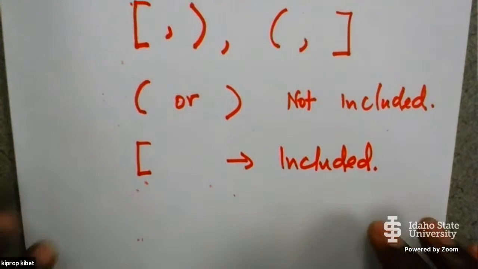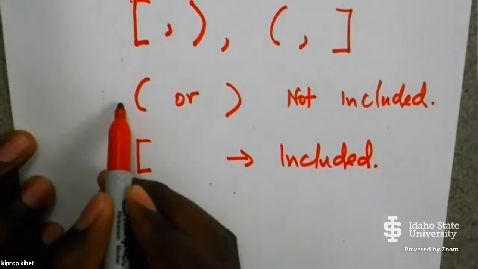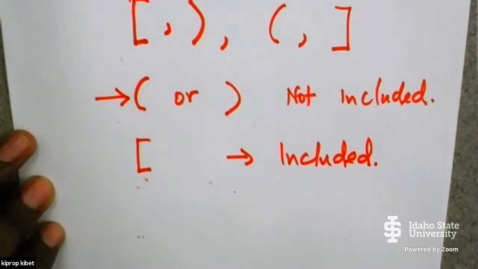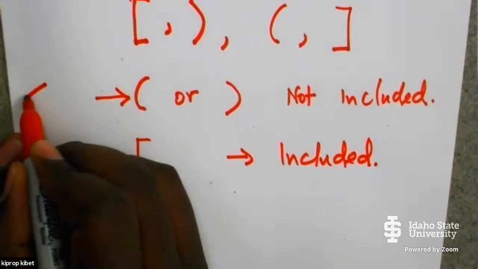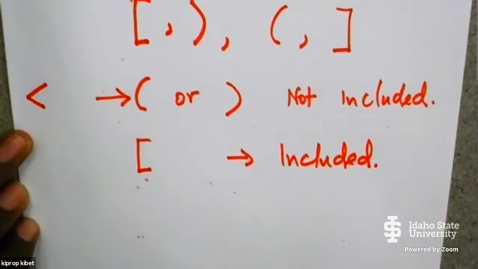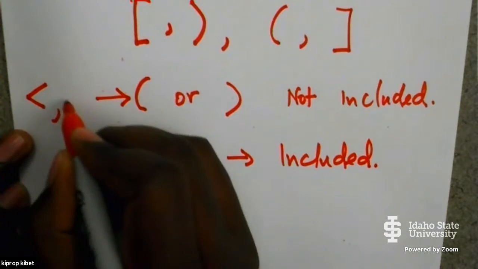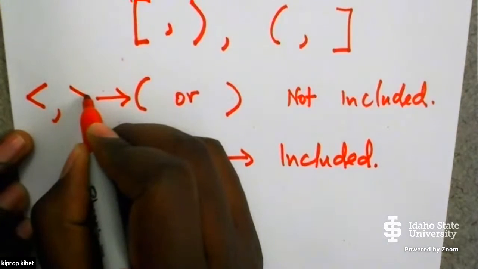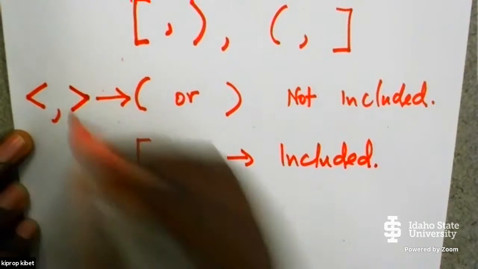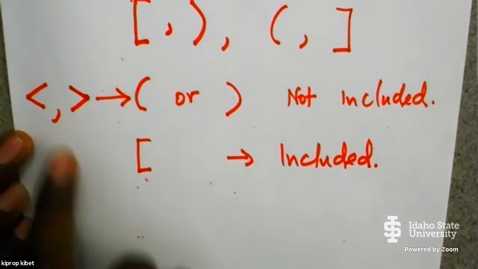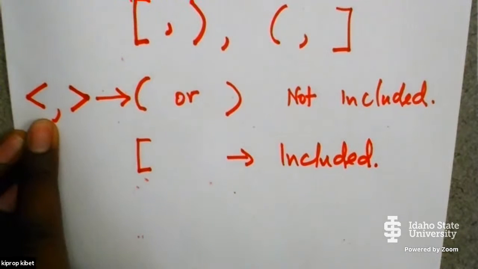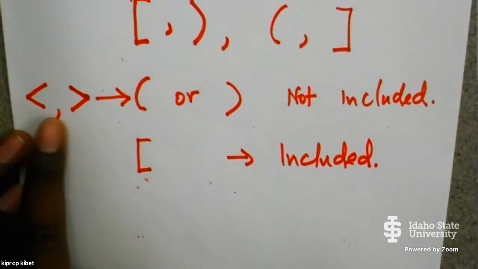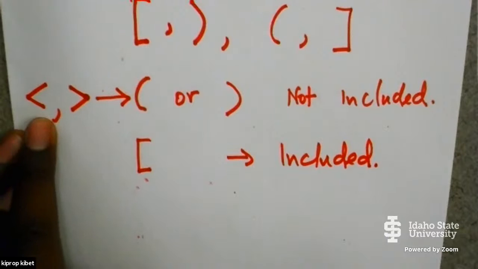The parentheses are for greater than or less than.